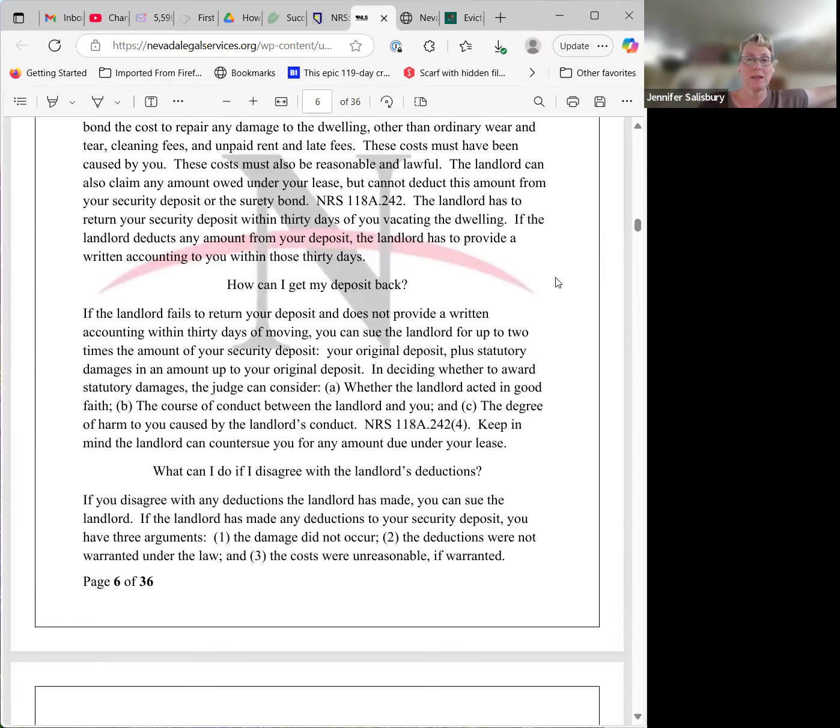Building and grounds free of garbage, rodents, insects, and vermin. Adequate heat. And other services like ventilation, air conditioning, elevators, stoves, refrigerators, if supplied by the landlord when you moved in or required in your lease. In addition, the landlord may agree to provide appliances or furniture, and these items must also work properly.